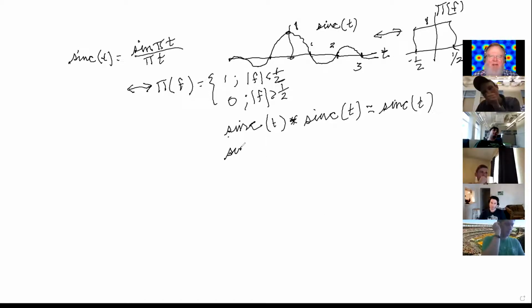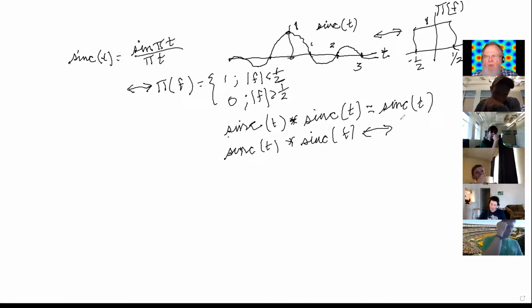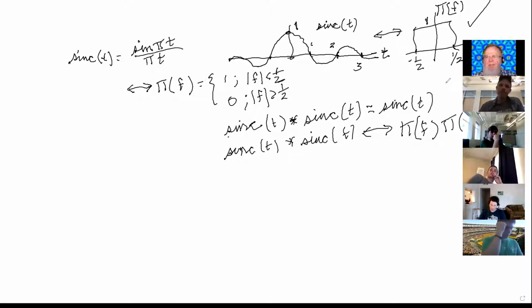Why is that? Because a sinc of t convolved with a sinc is such that when we Fourier transform it, it Fourier transforms to a product, right? So it's this function times itself, isn't it?